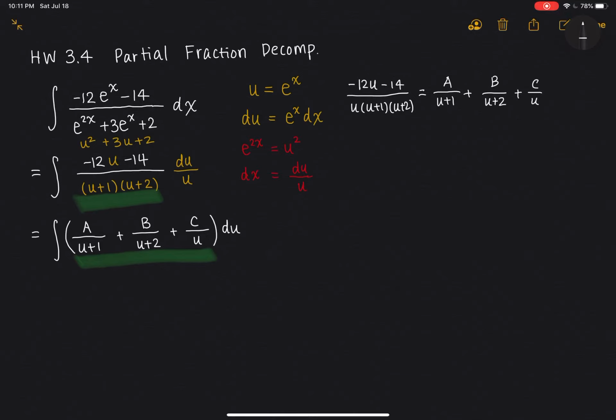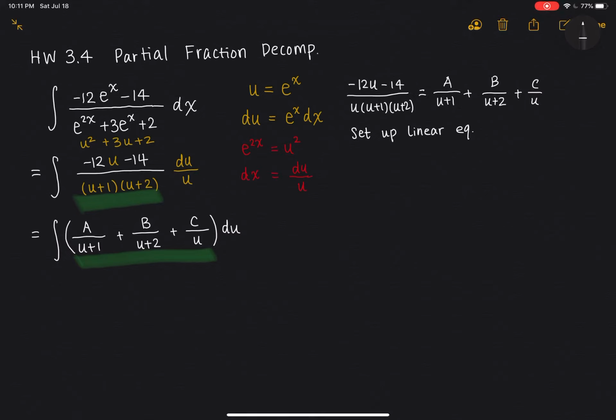The order doesn't matter, because if you switch the order, like b over u plus 2 and c over u plus 1, then b and c are just different numbers. So now how do we solve for a, b, and c? We need to set up linear equations. So how do we do that?